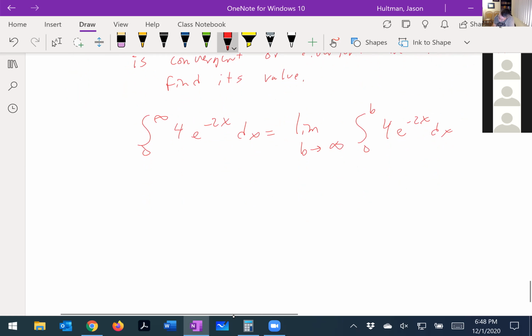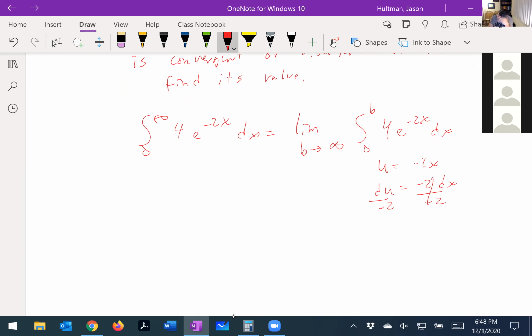Okay, so now we're just going to integrate this thing here. What is this? This is a u sub. So u is equal to negative 2x. Du is equal to negative 2 dx. So divide by negative 2.